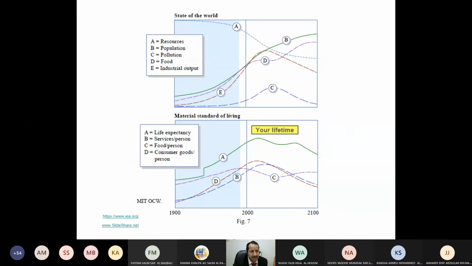I will show you the graph. See the graph. This is 2020, approximately. You see, it flattens in some places, but later on it will go down because, as I mentioned, we live in a limited world.